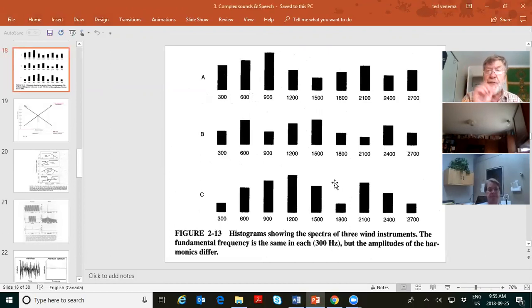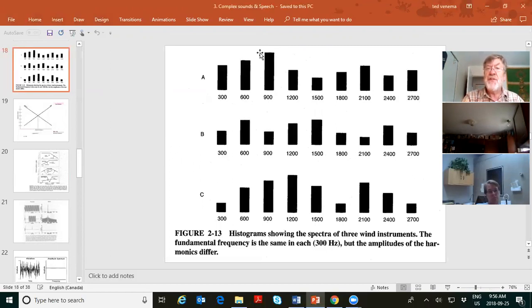What makes them different is that the amplitudes are different. So follow my cursor here. The amplitudes are different across the frequency. So identical harmonics, identical fundamental frequencies, yet different sounds. One might be a trumpet, one might be a clarinet, one might be an oboe, I don't know. The point is, notice how they have different resonances.